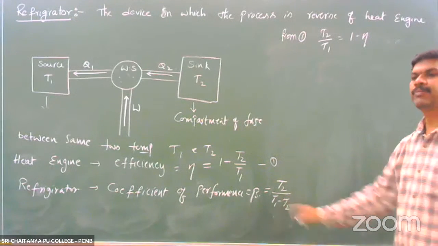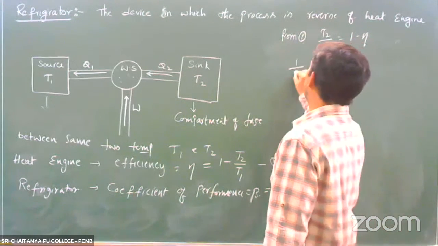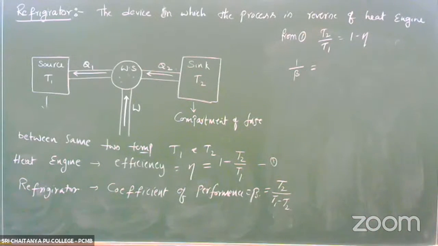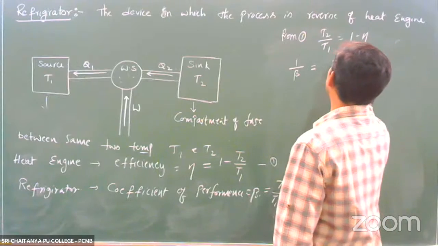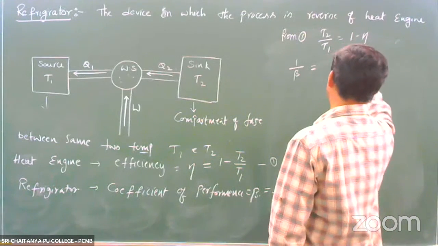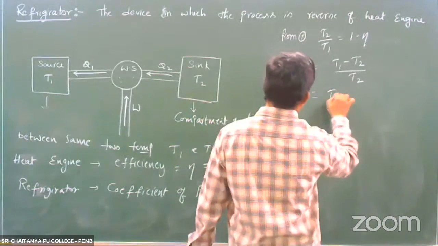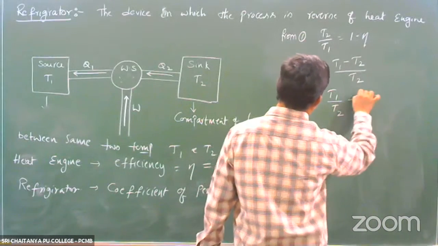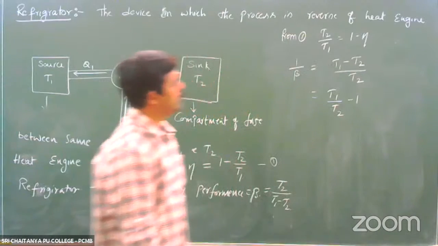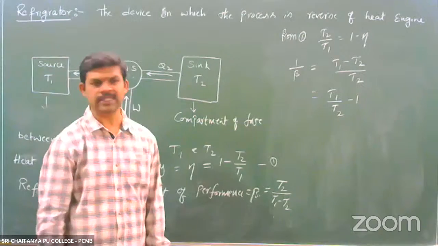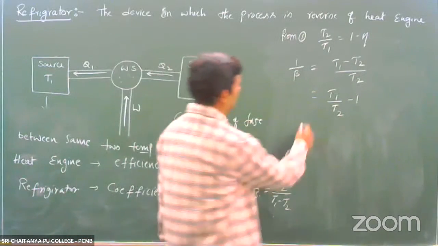From this, 1 by beta is equal to what you can write? T1 minus T2 by T2, which is T1 by T2 minus 1. Can I write? Okay. Then what do I get?